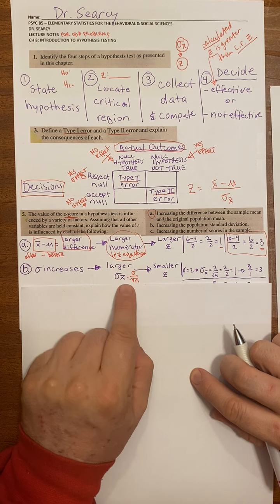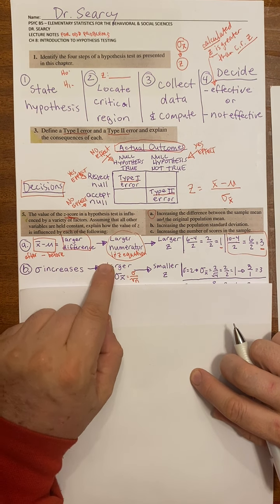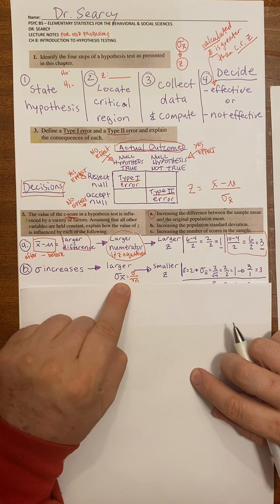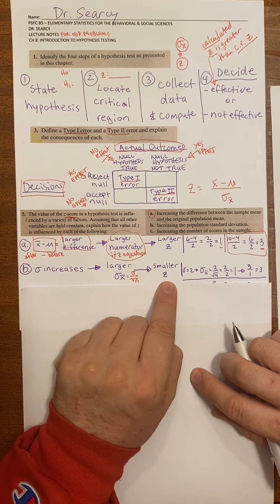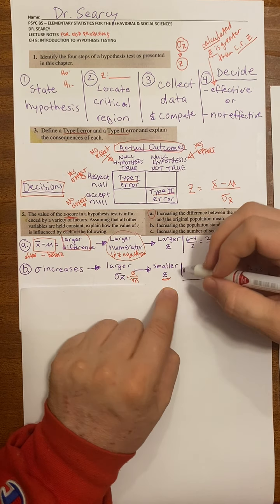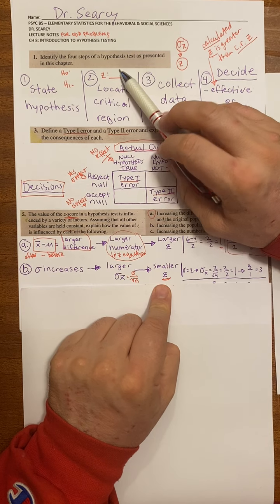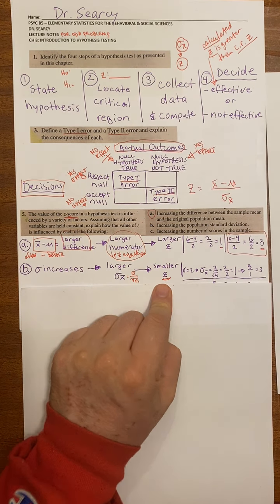So if you have a larger standard deviation in your numerator, that's going to cause a larger standard error, and that is going to lead you to having a smaller z, which is bad. You don't want a smaller z because then you're going to have trouble getting that z to be greater than the z in the critical region.